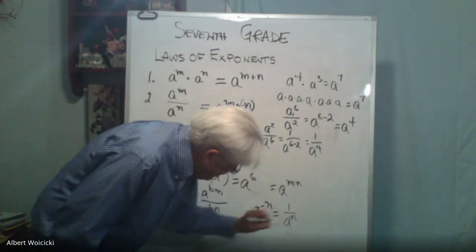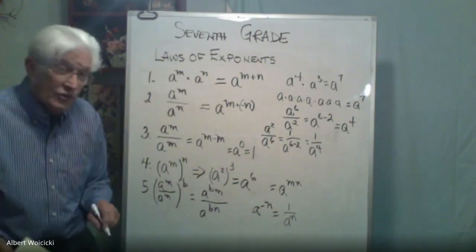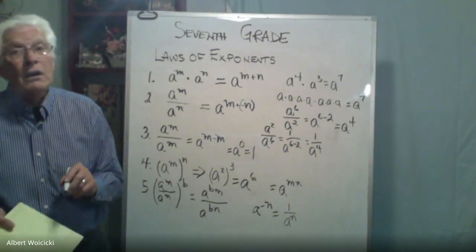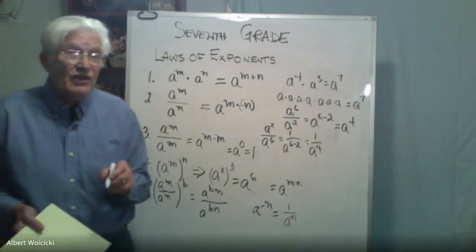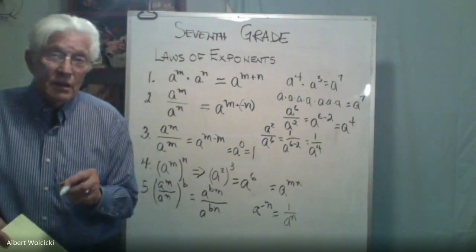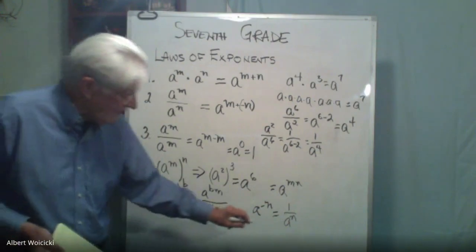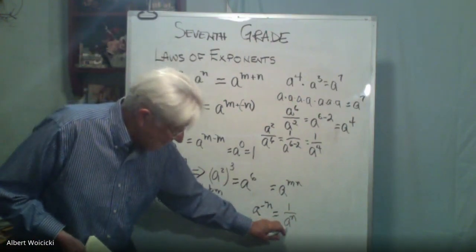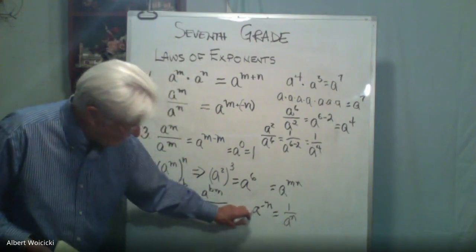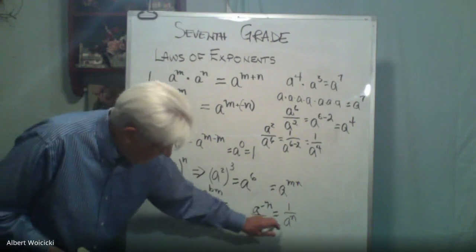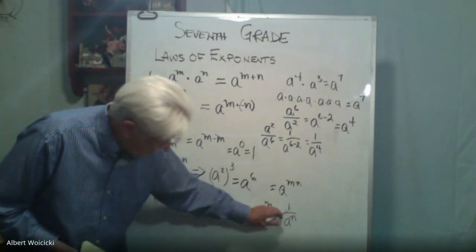And that's the one that kids need to know, but you're not going to see it very often. A to the opposite of n equals 1 over a to the positive n. Now, think about this. If I multiply this across, okay, if I make this a proportion, what's 1 times 1?